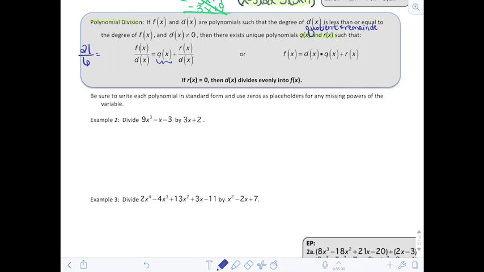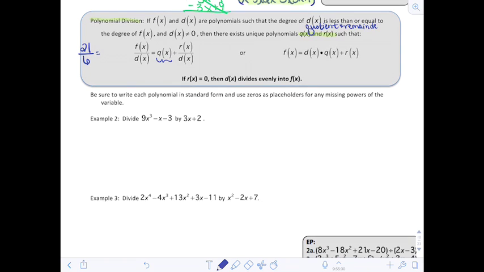So think about when you did this in middle school and you turned this improper fraction into a mixed number. You thought about it kind of like this, the dividend and the divisor, okay? So 6 goes into 21 3 times. That's my quotient. I get 18, and when I subtract, I get 3.